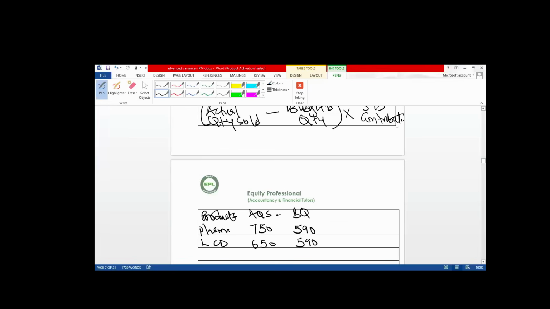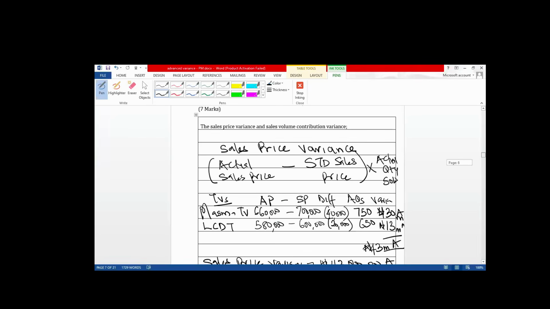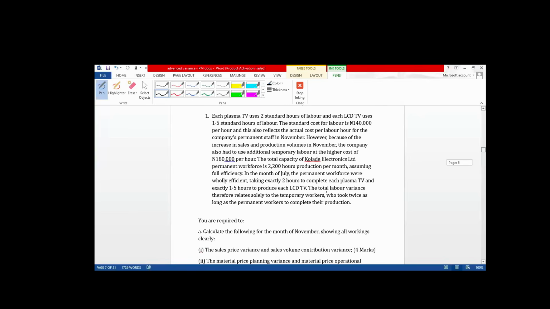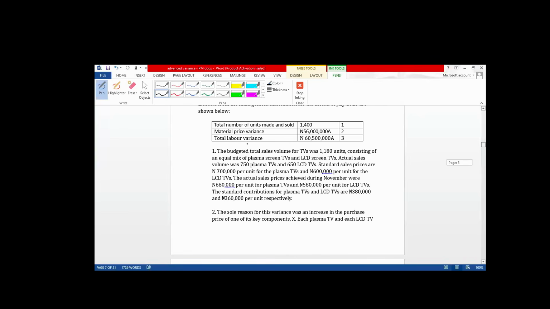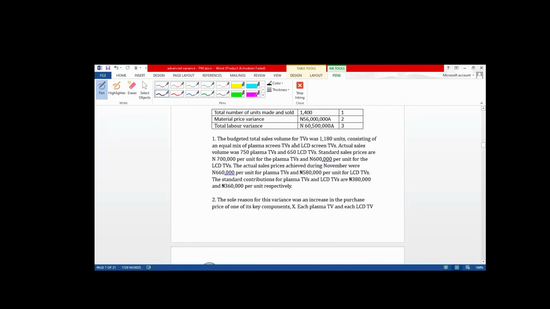Look at it here, please. How do we get that? The budgeted total sales volume for TVs was 1,180 units, consisting of equal mix of plasma and LCD.